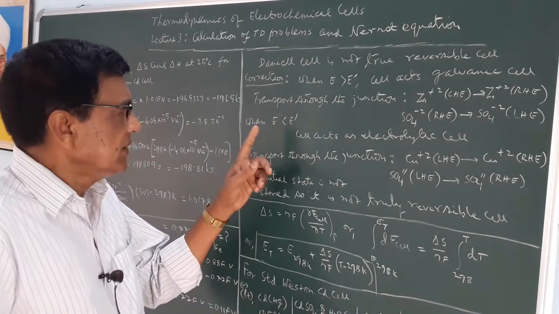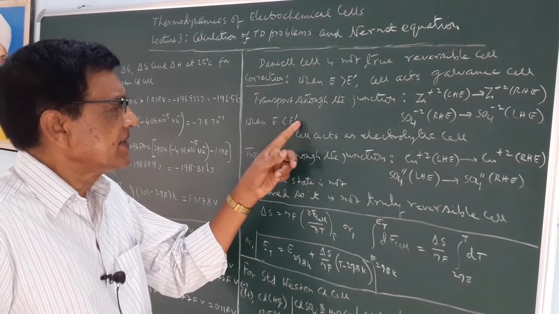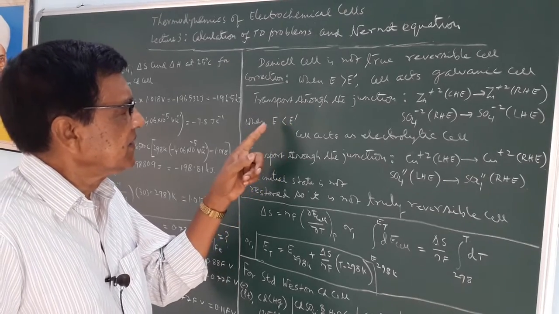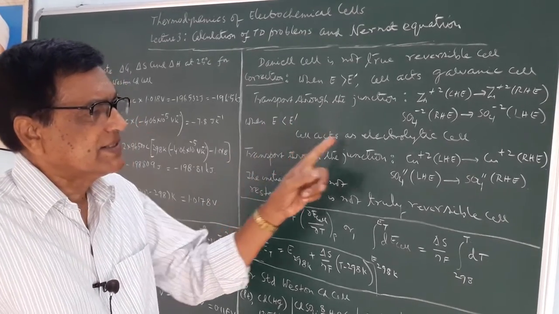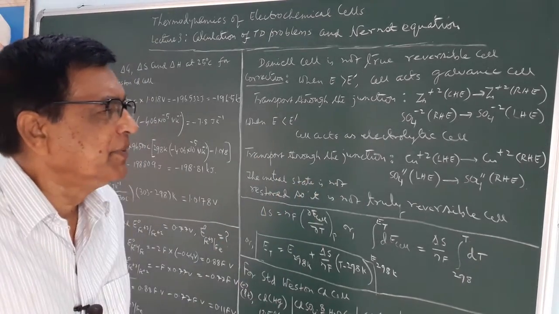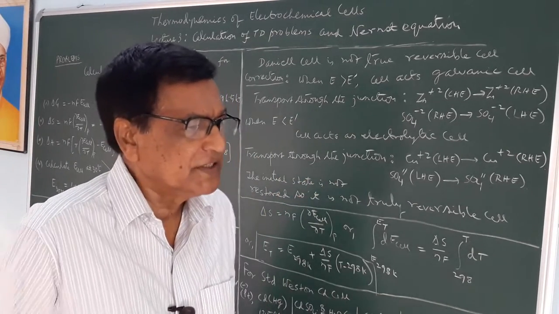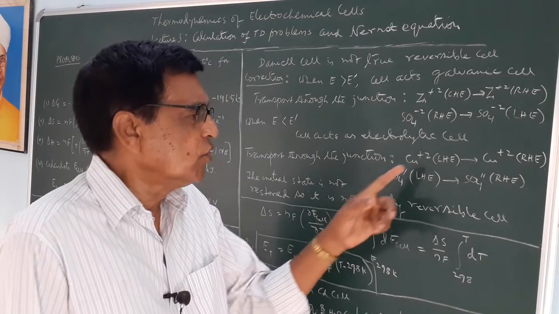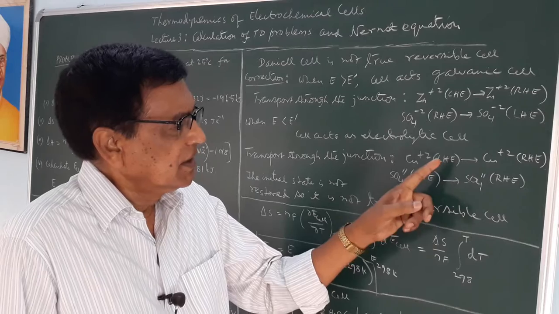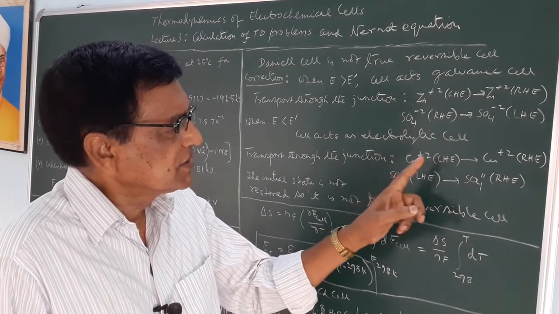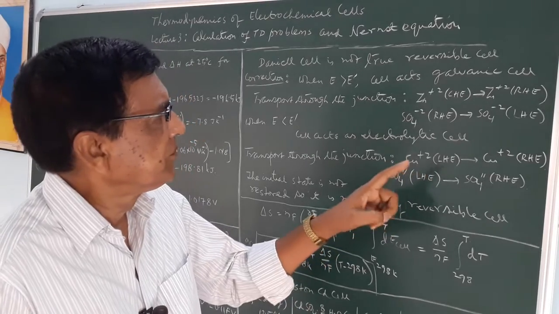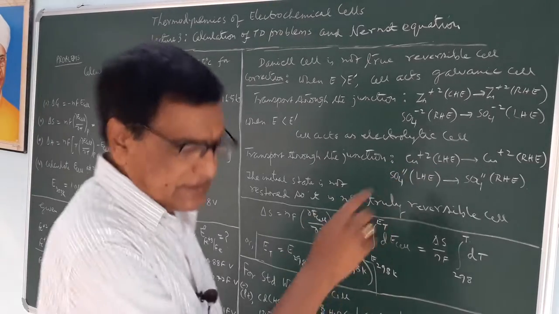But when E is less than E dash, the external potential is greater than the cell potential, and the cell acts as an electrolytic cell. The transport through this junction now changes: copper is dissolved in the right hand side.